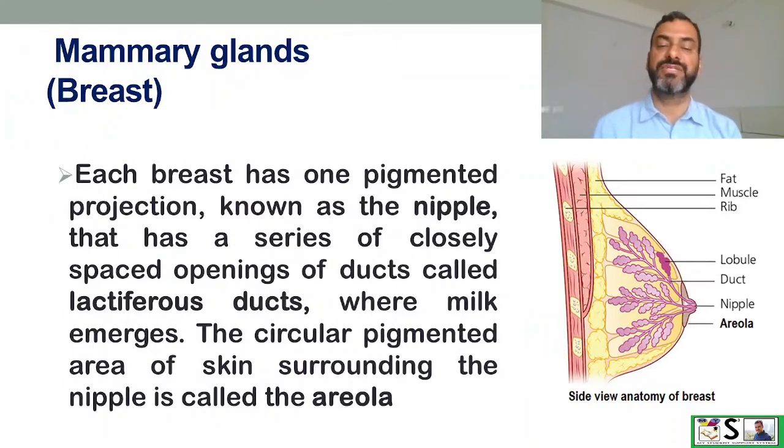Each breast has one pigmented projection known as nipple that has a series of closely spaced openings of the ducts called lactiferous ducts, where milk emerges. The circular pigmented area of the skin surrounding the nipple is called areola. So here this one is nipple and this one is areola.